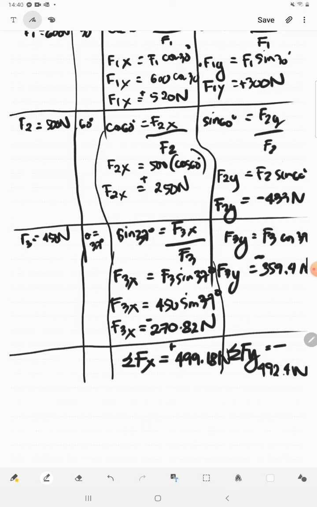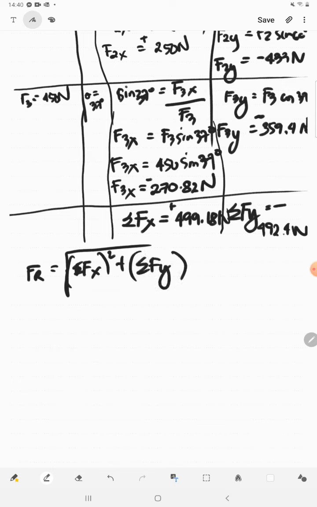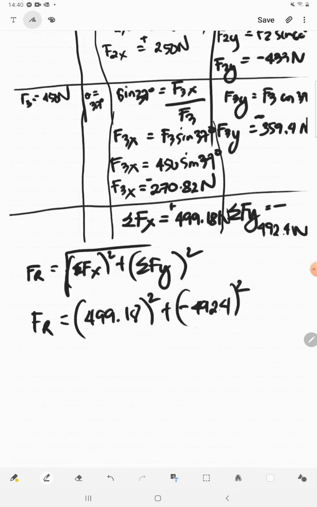Using our Pythagorean theorem, our FR is the square root of the summation of Fx squared plus the summation of Fy squared. So your FR is the square root of 499.18 squared plus negative 492.4 squared.